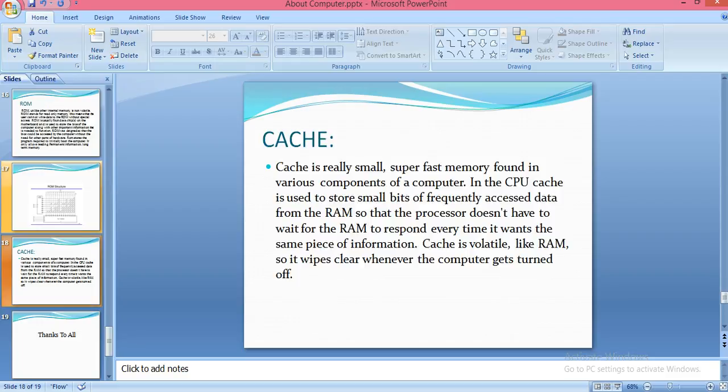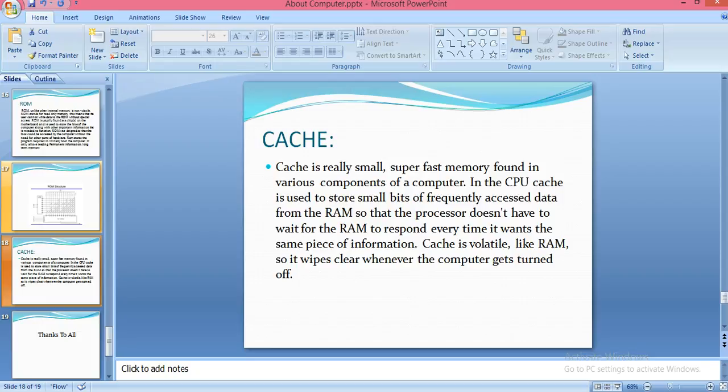Cache. What is cache? Cache is another part of internal memory. Cache is really small, super fast memory found in various components of the computer. Cache memory is high speed.